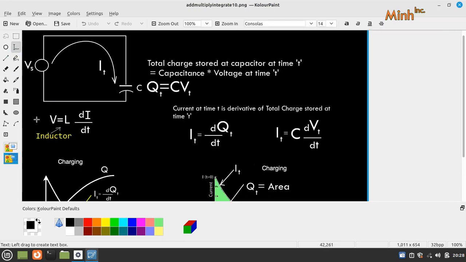Okay, so how much charge is stored at any point? That is the integration of the current. So if I try to write it like this, Q equals the integration of the current over time, I dt.